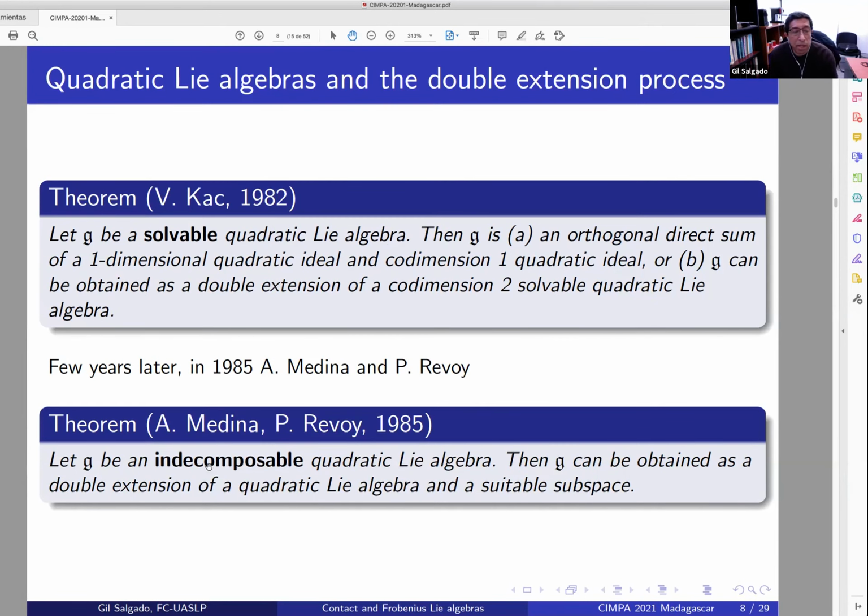They proved that if G is an indecomposable quadratic Lie algebra, then G can be obtained as a double extension of a quadratic Lie algebra and a suitable subspace. Obviously, if the original Lie algebra is a solvable quadratic Lie algebra, this suitable subspace is a dimension 1 subspace, and it corresponds to the one-dimensional quadratic ideal of G.